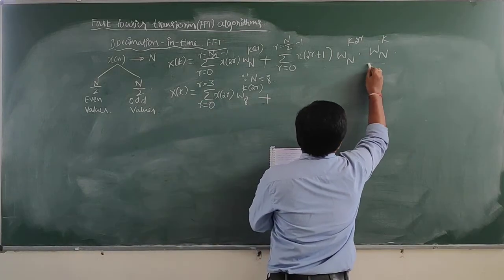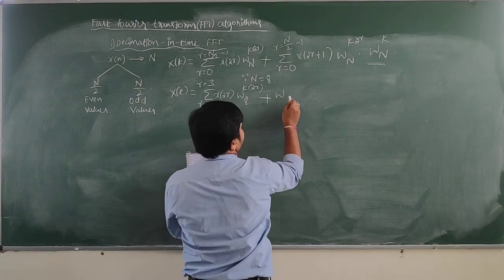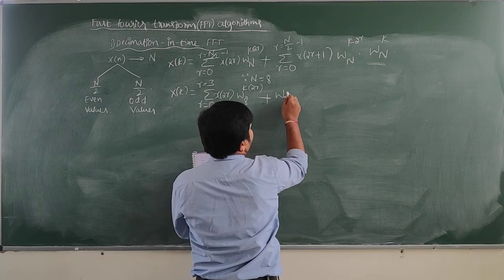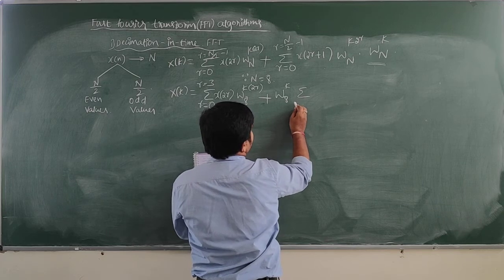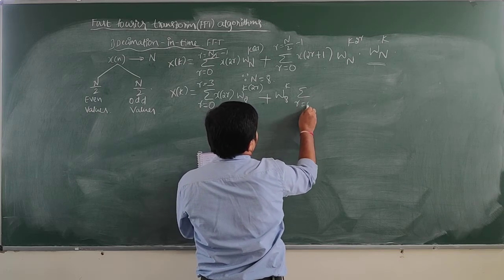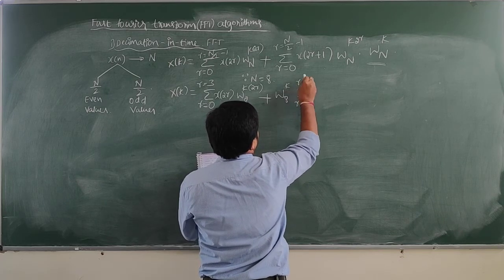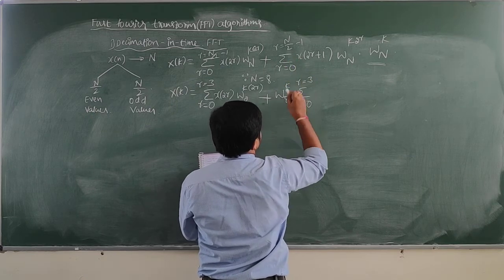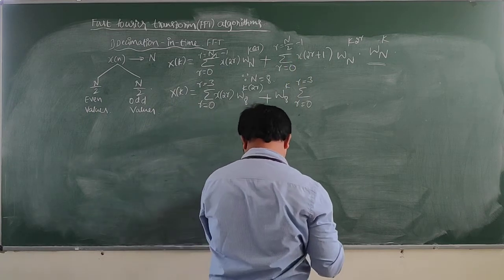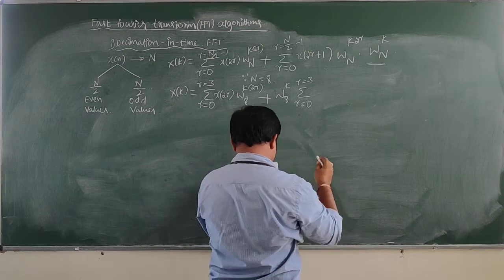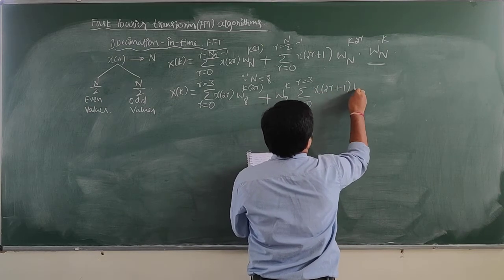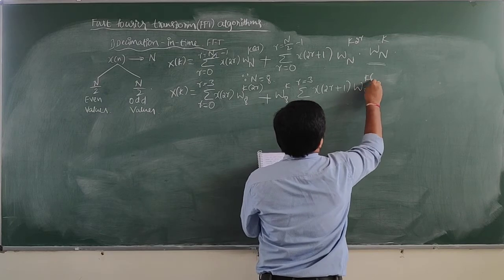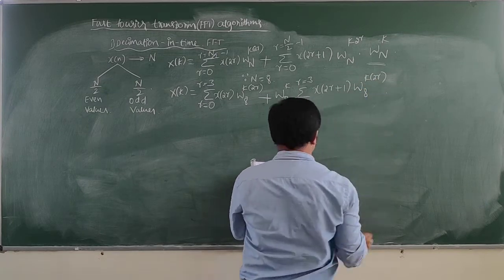So I will take this outside this summation. W8 power k. So summation r is equal to 0 to r is equal to n by 2 minus 1, again it becomes 3. Okay. Into x of 2r plus 1 into W8 power k into 2r. Okay.